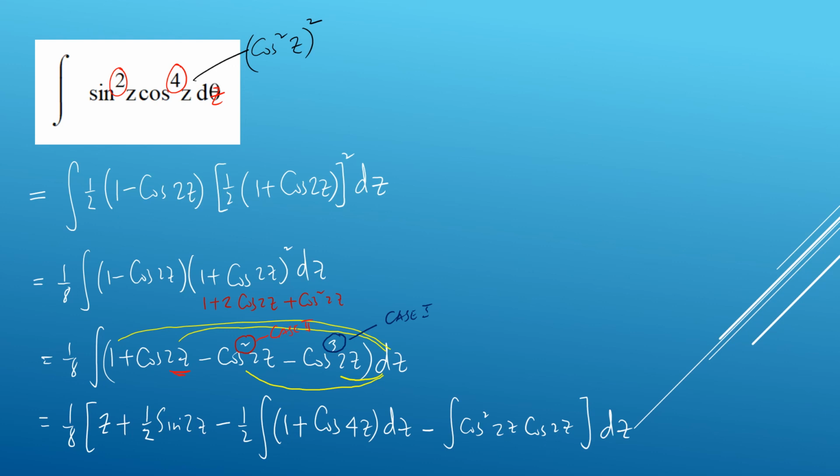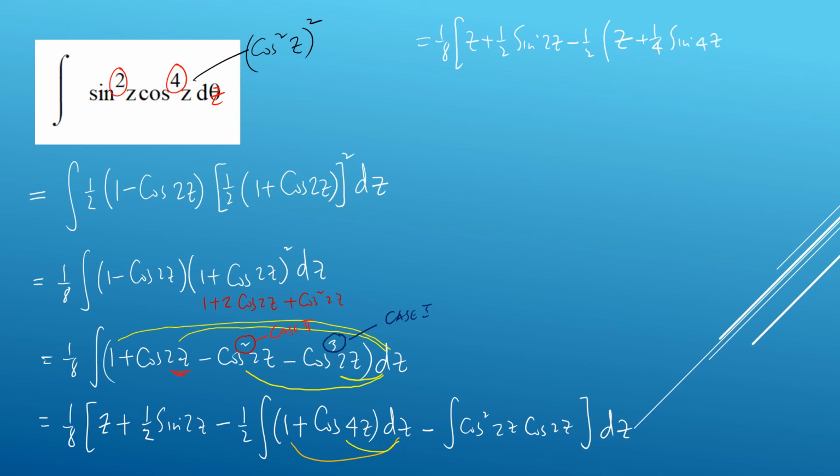Okay? So 1/8 quantity z plus 1/2 sine of 2z minus 1/2. Let us integrate dz, which is equal to z. And cosine 4z dz is 1/4 sine of 4z.